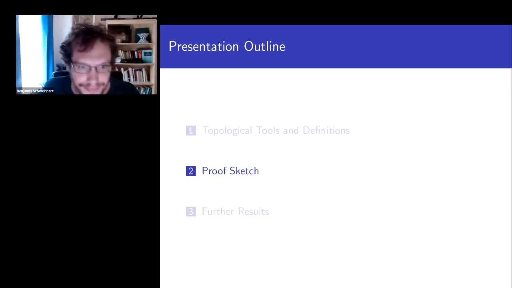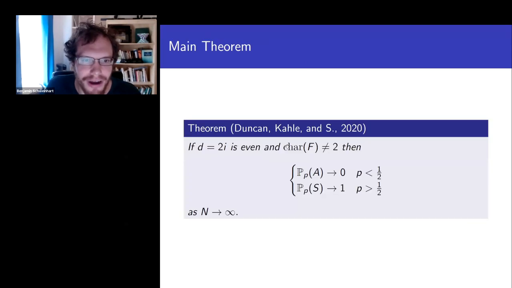Okay. So now that I have my topological tools and definitions, we're going to switch to doing more probability. And I want to give you a sketch now of our main theorem, which is to remind you that if we have half-dimensional plaquette percolation on the torus, and so with homology, we had a coefficient field.